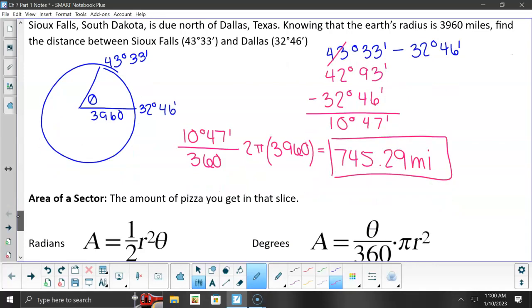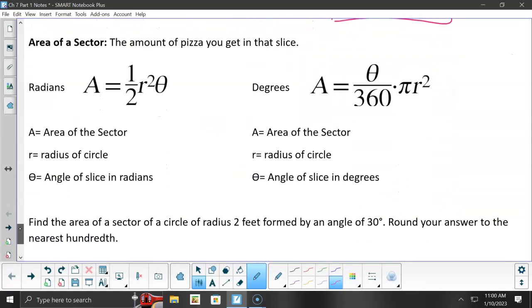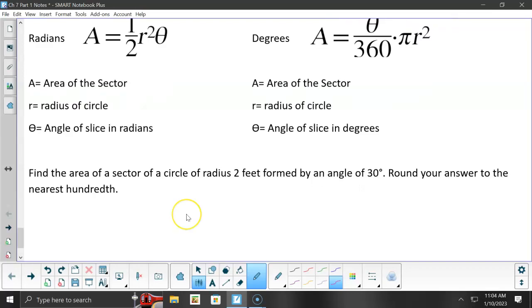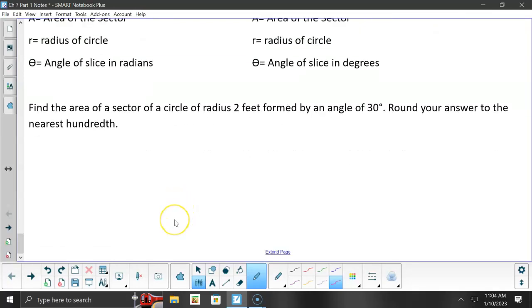Alright, ready to finish up? Last little bit is area of a sector. Now, you might not necessarily need to write out what all of those symbols mean, because you kind of already wrote it earlier. Alright, ready? So we're just trying to find the area of the sector.